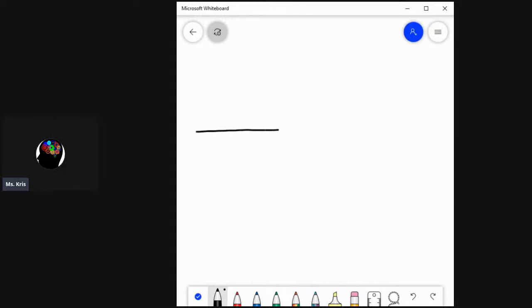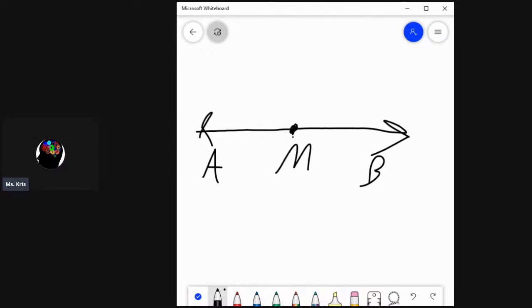So if I have line A and line B, and I have a point M, point M tells me that it's the midpoint, and not only that, this side equals this side.